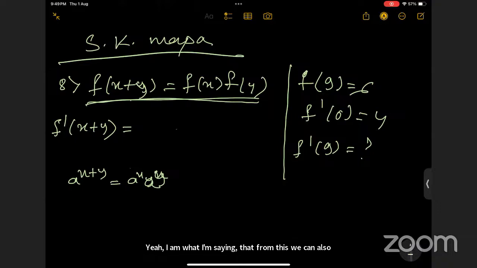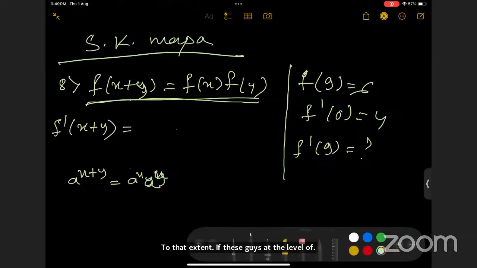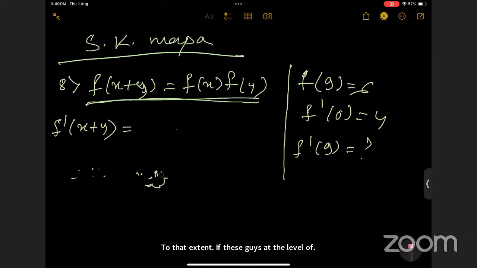Many students will know f of x plus y equals f x plus f y results only; we are talking about a power. I mean, to that extent, if these guys are at the level of foundation, don't expect them.